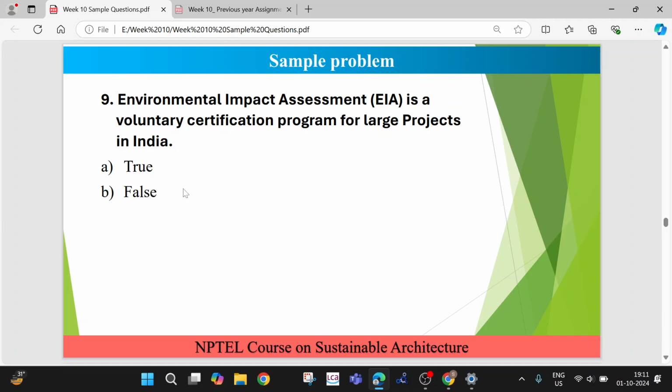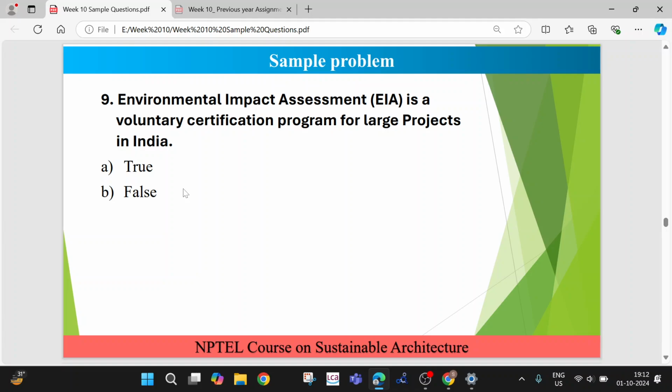There, during the discussion, it was told that this EIA, environmental impact assessment, becomes very important, and that it is a mandatory certification program for large projects. If you have a large project, without this environmental impact assessment you cannot go ahead. There were two options, whether it is voluntary certification or mandatory certification. This EIA becomes mandatory certification for large projects.